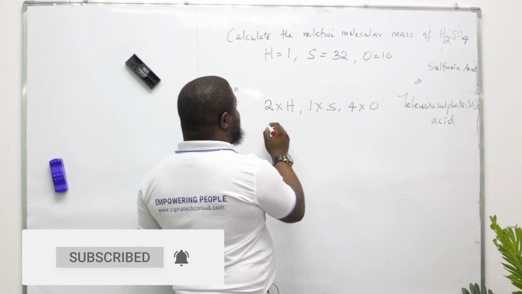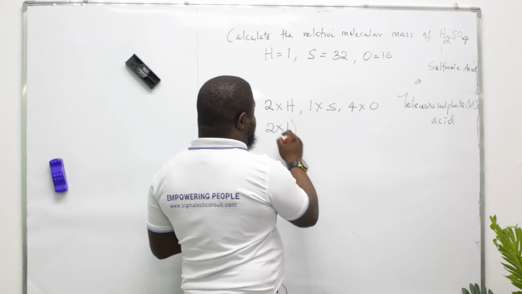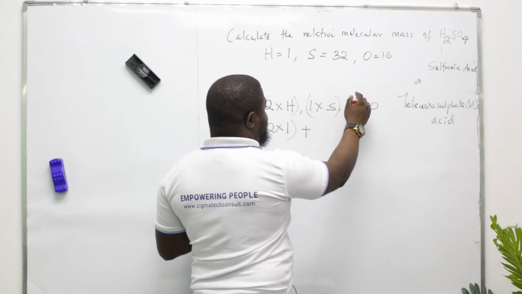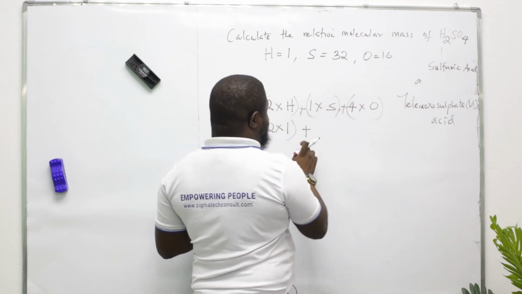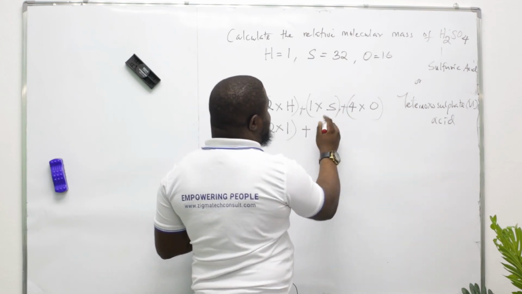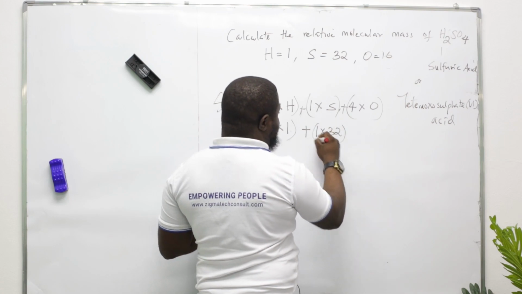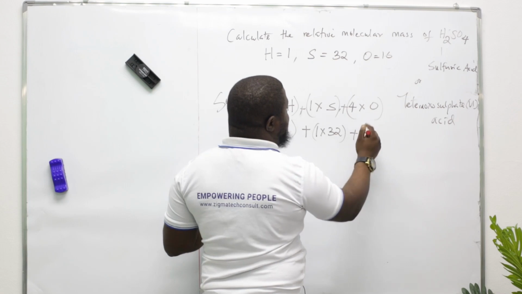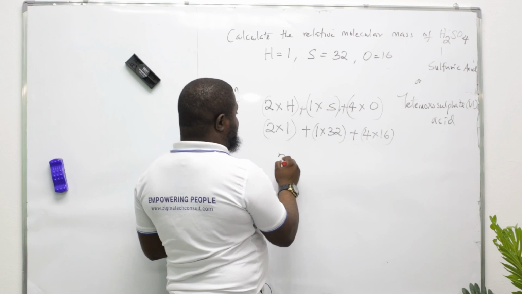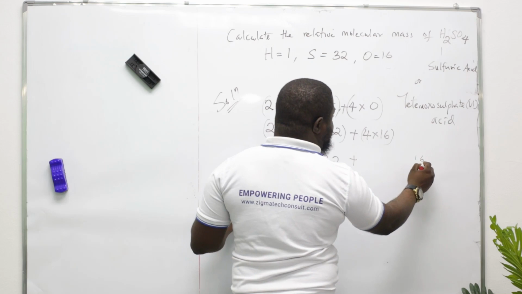This 2 times H will be 2 times 1, plus 1 times S, which is 1 times 32, plus 4 times O, which is 4 times 16. Now, this 2 times 1 is 2, plus 32, plus 16 times 4.